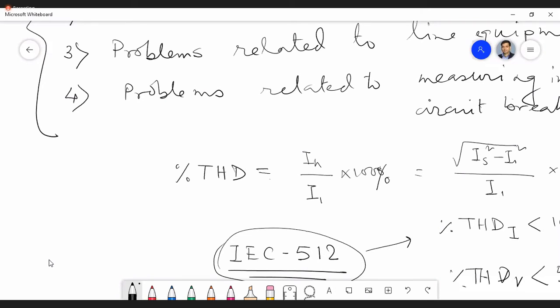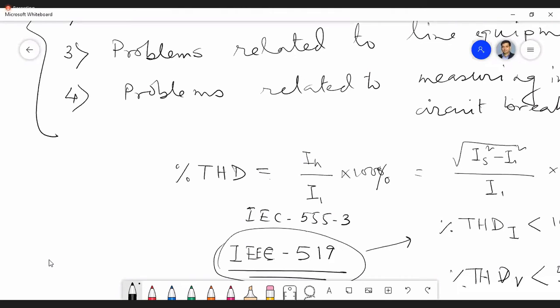One is IEEE 519, so this you can correct, and another is IEC 555-3. So these are two standards which have been made for giving some limit for these harmonics.